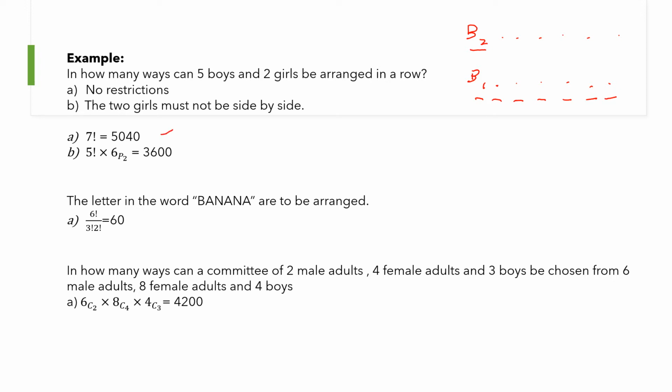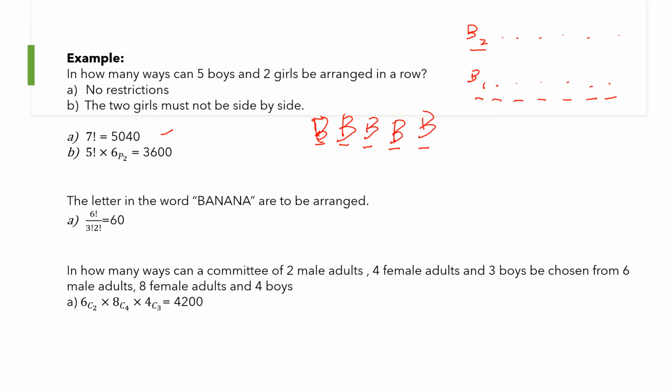So B, the 2 girls must not be side by side. Okay, how are we going to do this? Because the 2 girls are not going to be side by side, there are 7 seats. Let's say, okay, five boys. That means, because the girls cannot be side by side, they must be in between the boys. So boy, boy, boy.